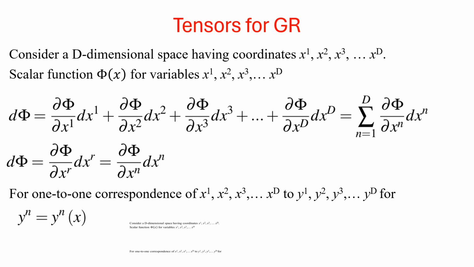Now, for one-to-one correspondence from one coordinate system, say x, to another coordinate system y, where x is having d number of dimensions and y is also having d number of dimensions, expressed by variables x1, x2, x3 and so on up to xd, to y1, y2, y3 and so on up to yd, we represent del phi by del yn equal to del phi by del xm into del xm by del yn.